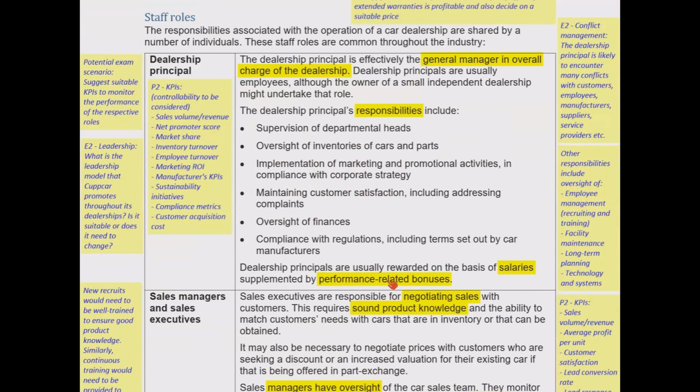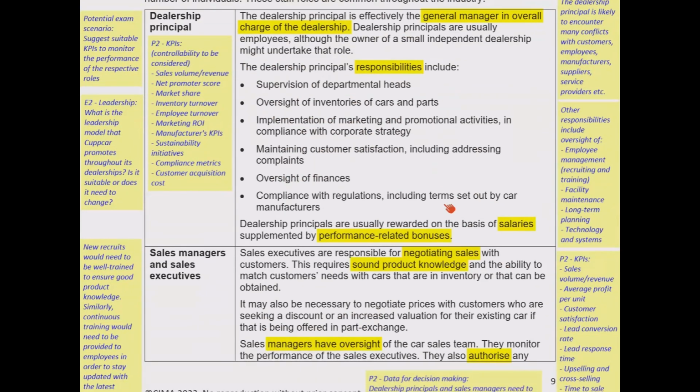So thinking about performance-related bonuses based on sales volumes, about customer satisfaction, and also how that will affect their behavior. And we need to be careful again, don't we, about making sure that when performance-related bonuses are in place, they are motivating the individual dealership principal to act in the best interest of the whole of the company of Cuppcar, and not just in their own dealership's best interest.